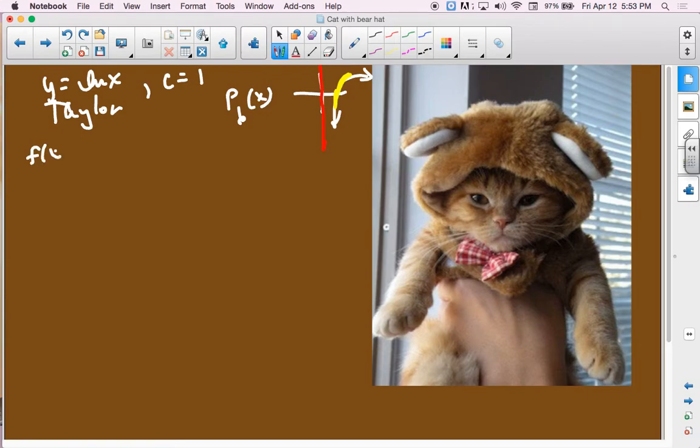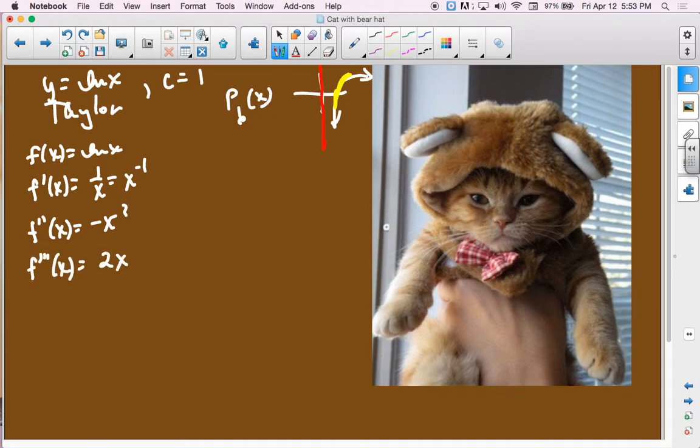And so I have f of x is ln x, f prime of x is 1 over x, or for convenience sake, x to the negative 1. F double prime of x is negative x to the negative 2. F triple prime of x is 2x to the negative 3. The fourth derivative at x is negative 6x to the negative 4.